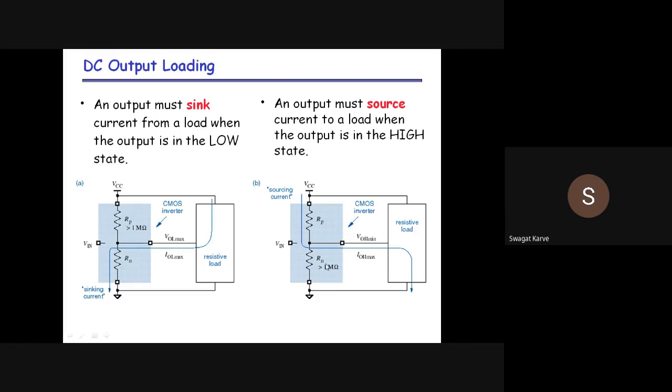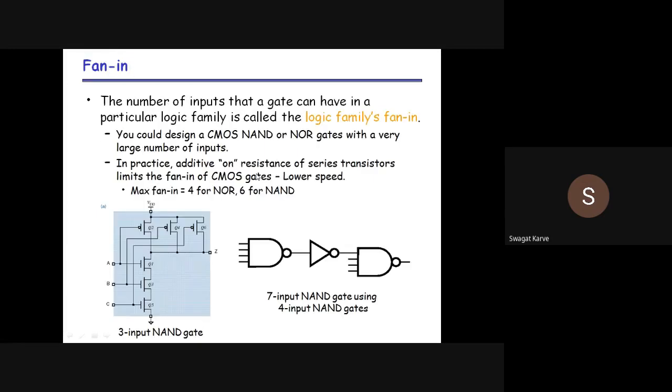And when the lower resistance gets open terminated and the upper resistance gets shorted, then the source action will take place. What is source? That means now this VCC will provide the current to the load. So this is about the DC output loading.